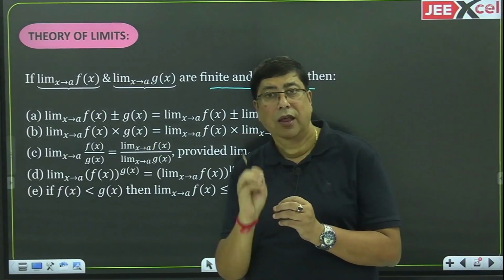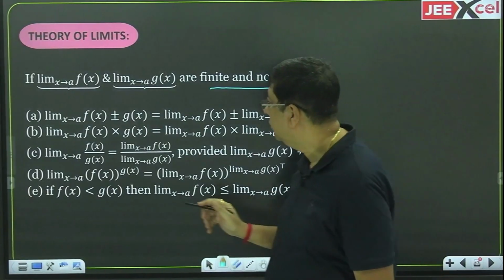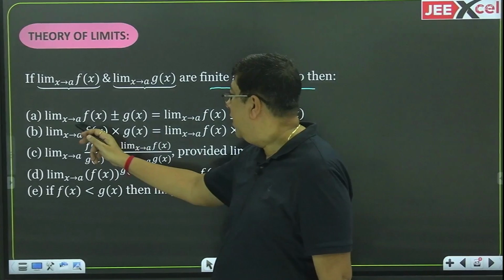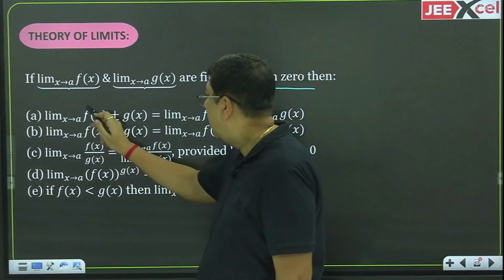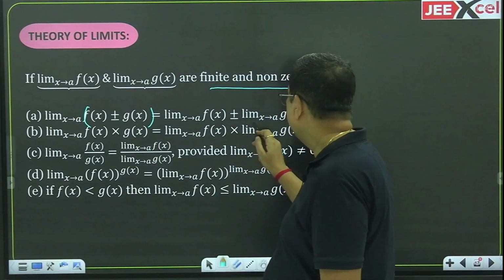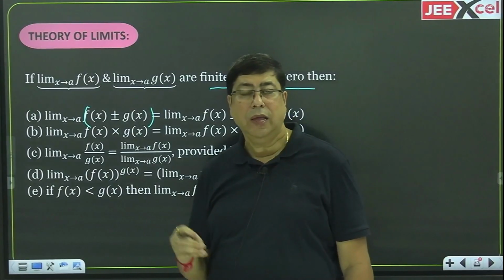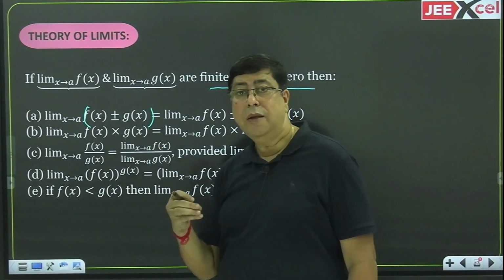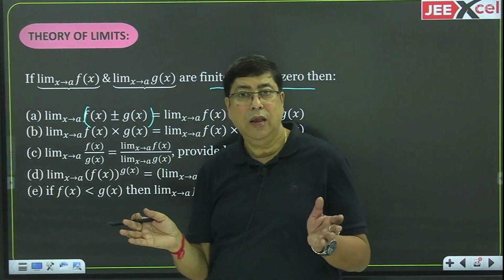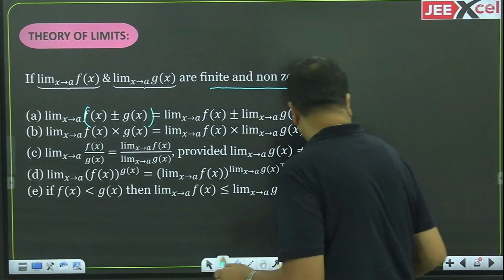It is verified that the right hand and left hand limits exist, like Aadhaar verification. So the limit of f(x) plus or minus g(x) equals the limit of f(x) plus or minus the limit of g(x). So the limit can be separated like this. Read it one by one and have a look once. The limit can be separated anywhere, in the upper part, lower part, and inside, and the limit can enter. Okay, next.